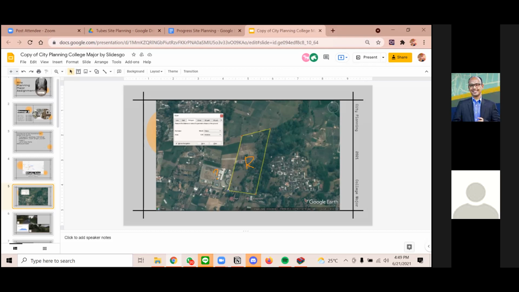So Taman Ganjaran is a recreational park, sir, in the area of Trawas. It's mainly open from 8 a.m. until 10 p.m.